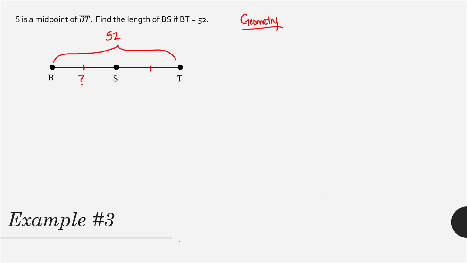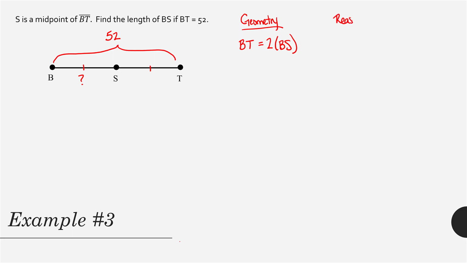So if I use my definition of midpoint, we can say BT equals 2 BS. Because the left side is the same as the right side. So I just have two of those segments. And that would be our reason here.